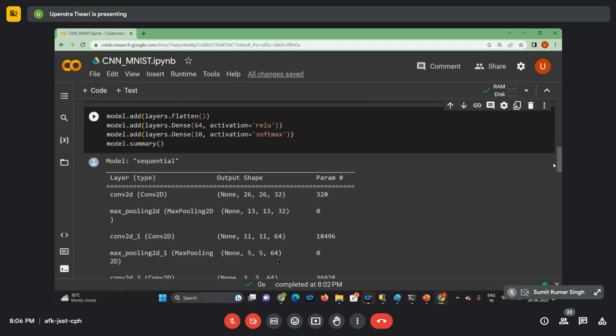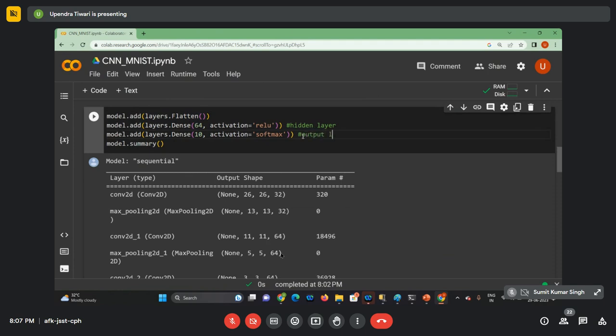So this is my fully connected layer, which is the artificial neural network. To apply this fully connected layer, we call this flatten function, which flattens your 2 dimensions into 1 dimension. Then we have added only one hidden layer, and that is my output layer.